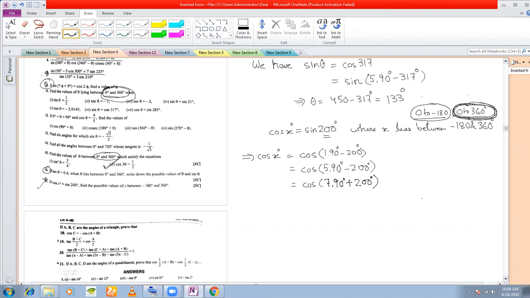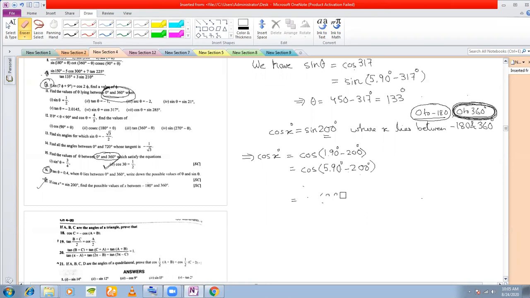Whatever angle you get subsequently, let's check again in the third rotation. Cos of 9 into 90 degree minus 200. Is this acceptable? 810 minus 200, this is also not acceptable, because this is out of range, 0 to 360 degree. Therefore both are not acceptable.